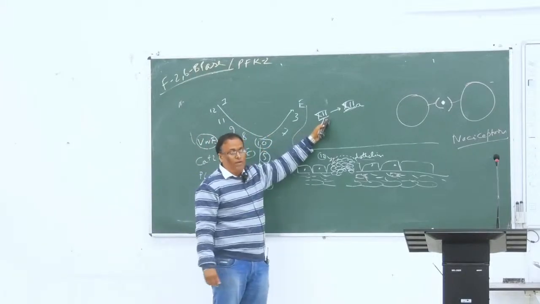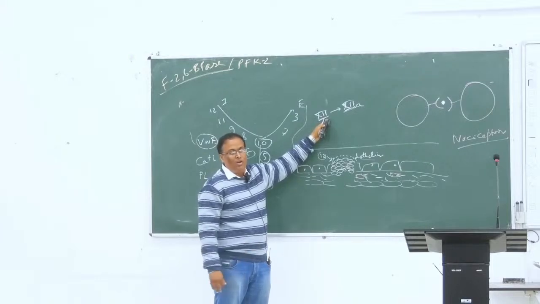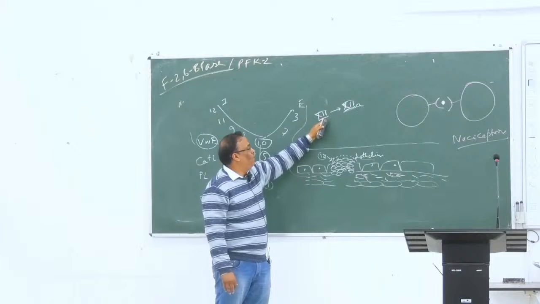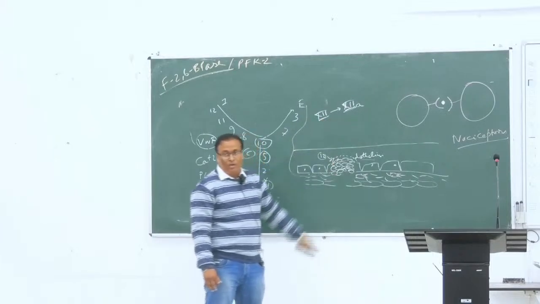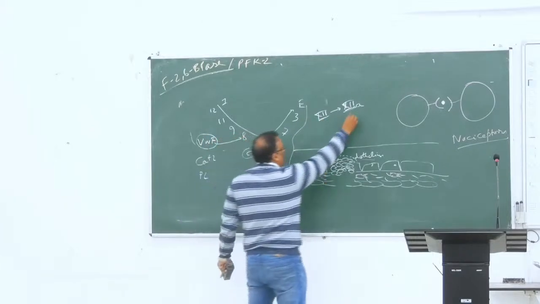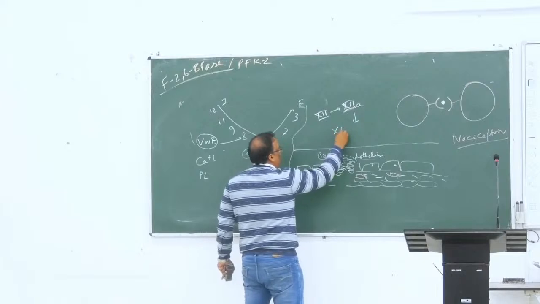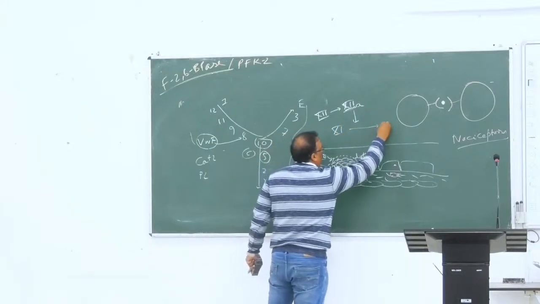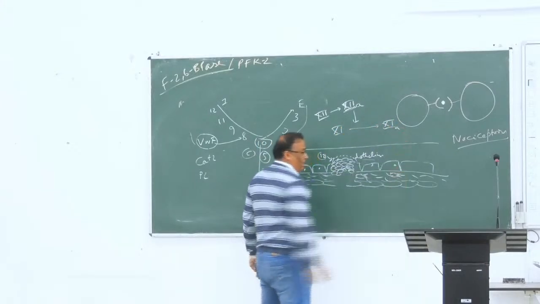Clotting factors are always written in Roman numerals. It is already depicted, and it is not within my scope to change the rules. So factor 12 becomes activated factor 12. Then activated factor 12 will activate factor 11. Right, in this way.